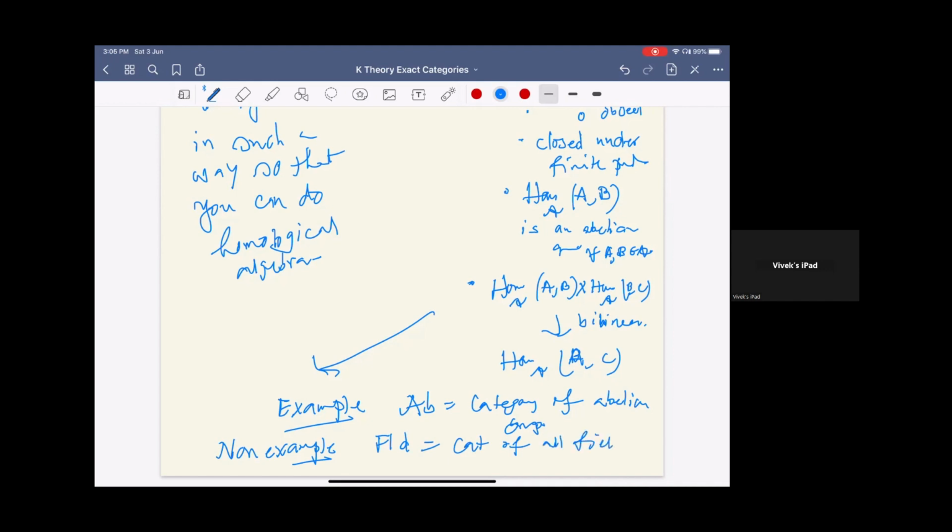Why is this not an additive category? Because it doesn't have an initial object, because a field homomorphism already depends on the characteristic. So it is not abelian, not additive, because it has no initial object.